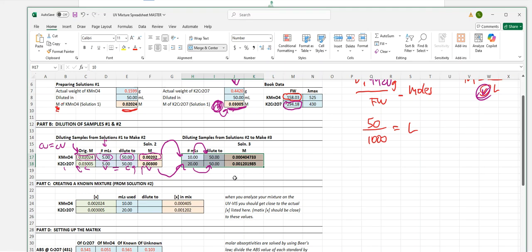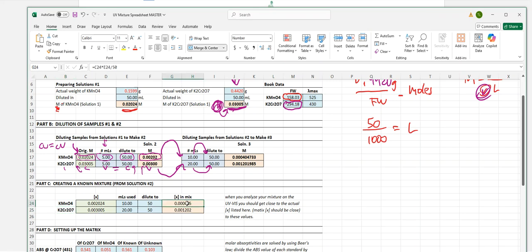We need to use the same amounts, and we need to take these into the same volumetric flask. It is a mixture of both together. So 10 milliliters of the manganese and 20 milliliters of the chromium were both added into the same flask.